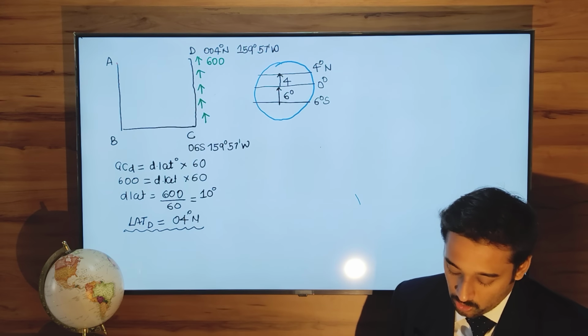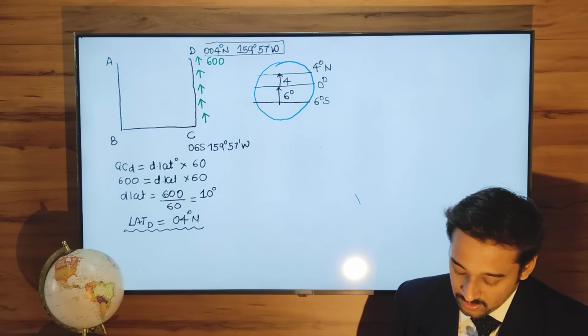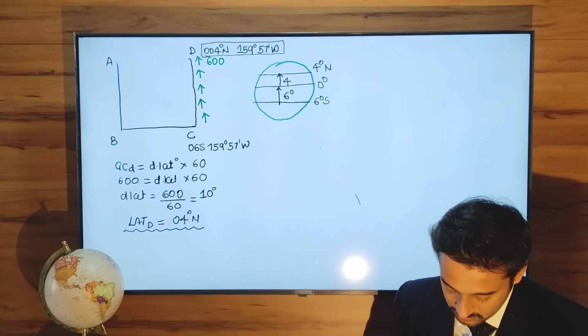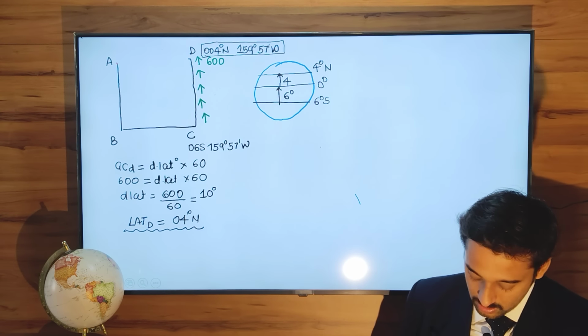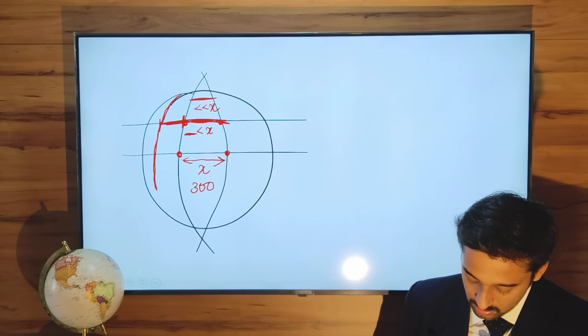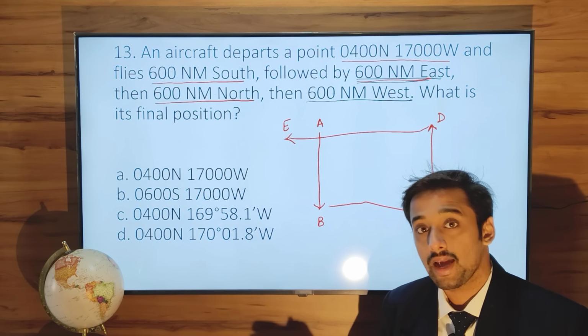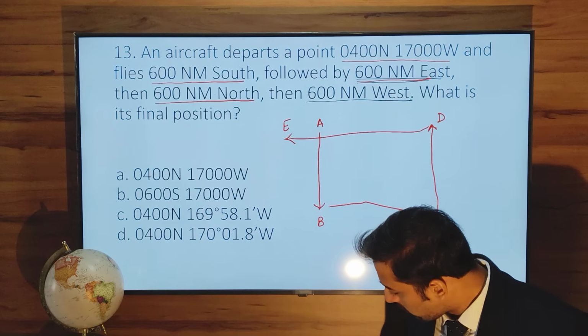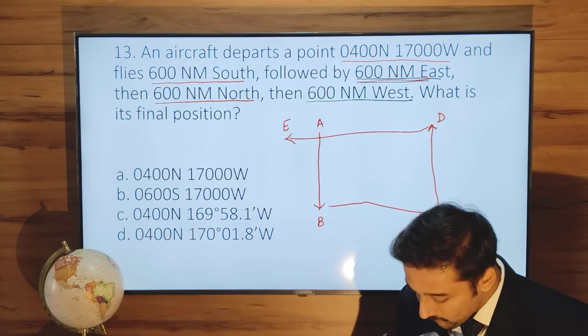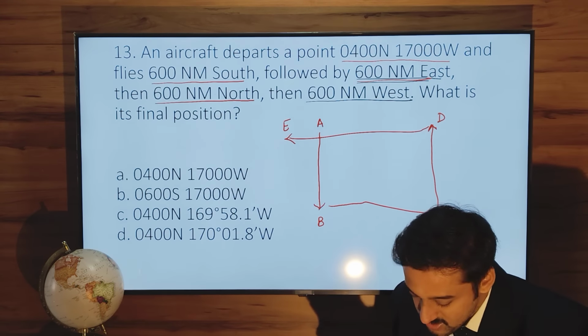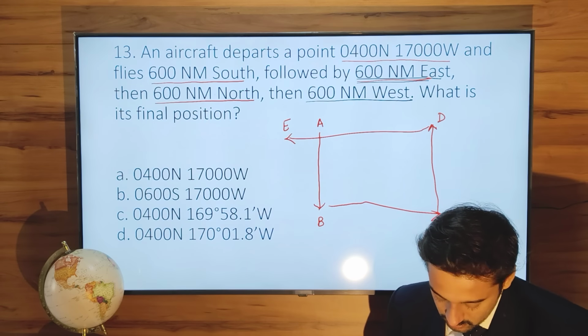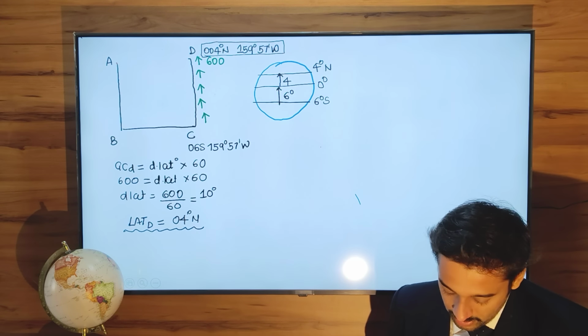So these are the coordinates of D. Now let's go to the next part of the question. From here, from D, we go 600 nautical mile west. Okay. So I will plot that.